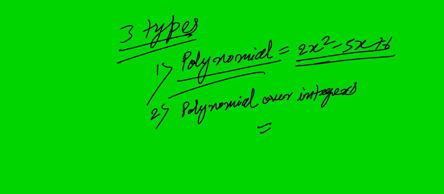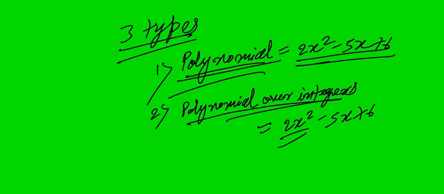So a polynomial over integers is 2x square minus 5x plus 6. This is a general polynomial, and it is also called a polynomial over integers because here we have 2, minus 5 and 6. These are integers, so it is called a polynomial over integers.